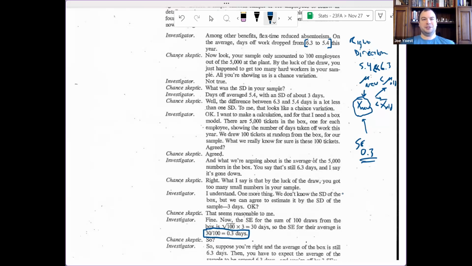It's something like 3 standard errors below what we would expect, right? If the mean hasn't changed, if the mean is still 6.3, and you're arguing that maybe we got an x bar that was a little bit low just by sampling error, maybe we got an x bar of 5.4 and it's just on the low side because we happen to pick a few extra people with less than normal days off and a few fewer people than we might expect with higher than normal days off.